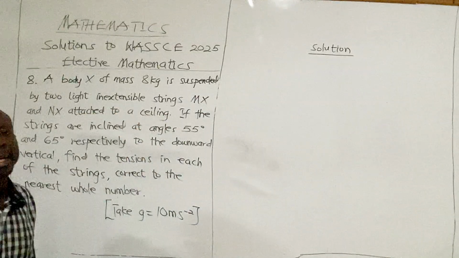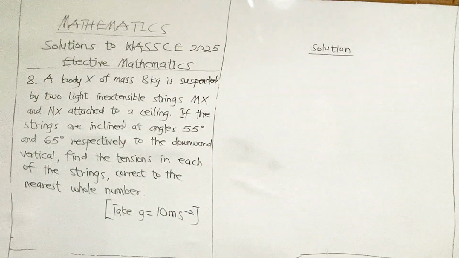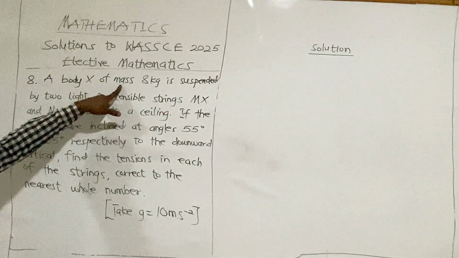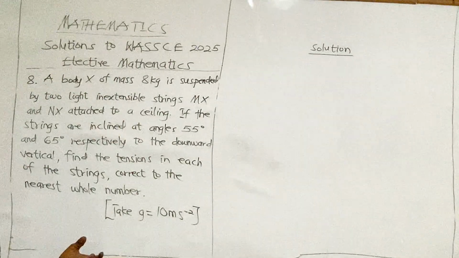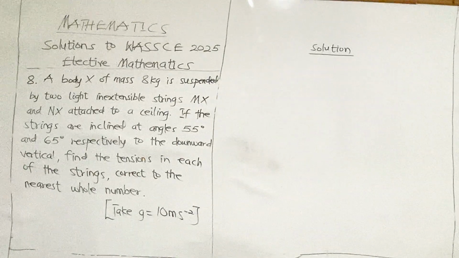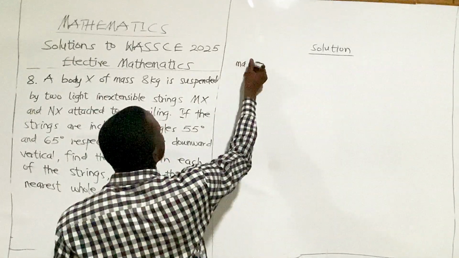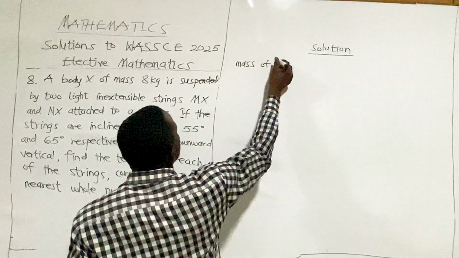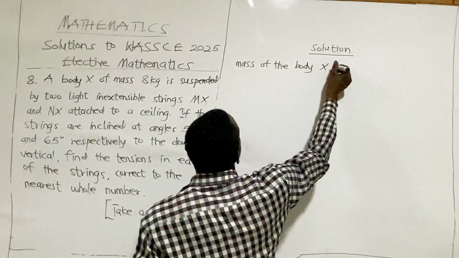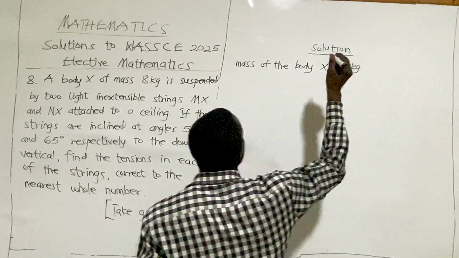So now let's analyze the question step by step. The question said a body of mass 8 kilogram, and gravity is 10 meters per second squared. So the mass of the body X is equal to 8 kilogram.